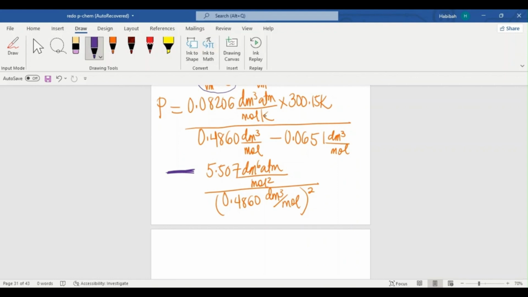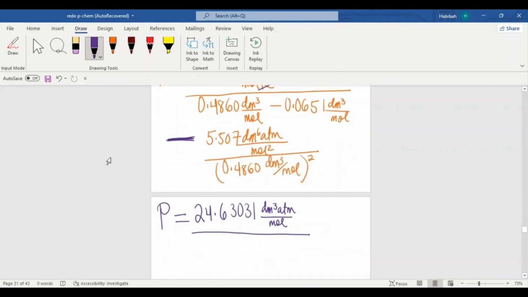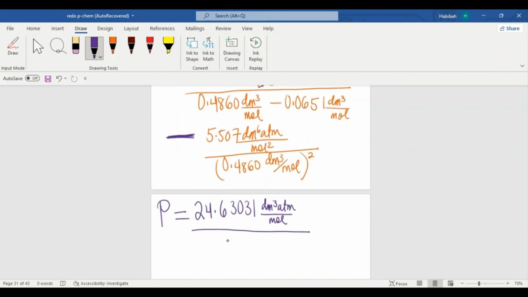So before we go on, we can just simply cancel out the Kelvin for the temperature because those units can cancel out. So you have pressure is equal to 0.08206 dm cube atmosphere per mole times 300.15, which would give you 24.63031 dm cube atmosphere per mole, divided by 0.4860 dm cube per mole minus 0.0651 dm cube per mole.